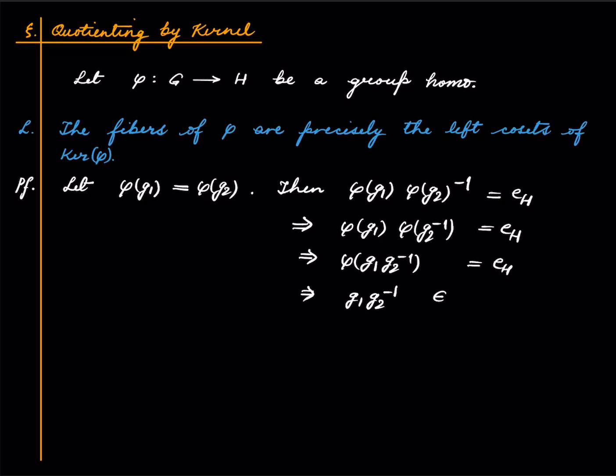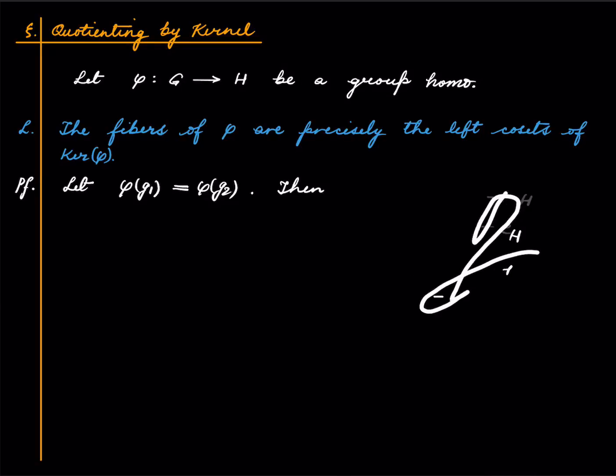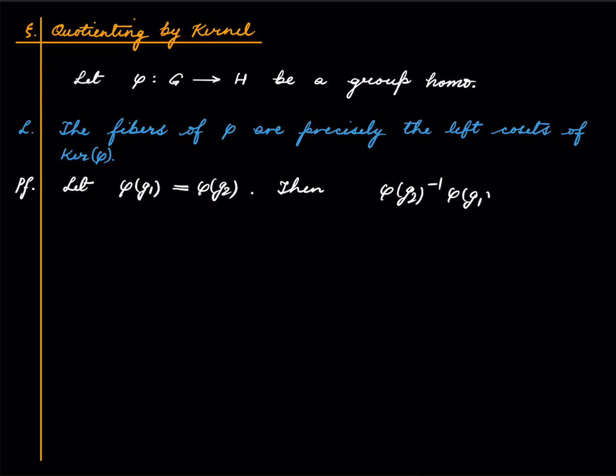Okay, so there's nothing wrong with this, but let me do it in a slightly different way. So then what we will do is that phi g2 inverse phi g1 equals identity of H. It's better this way. What I had written earlier was also correct.